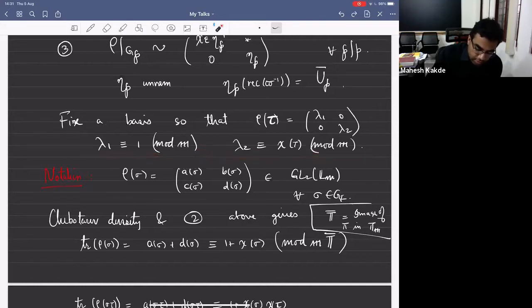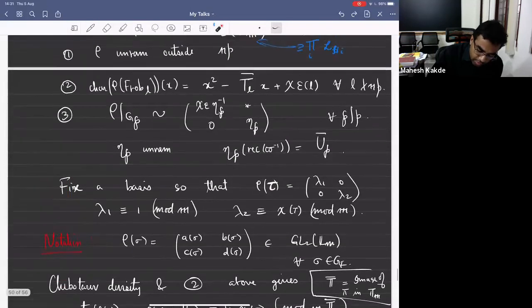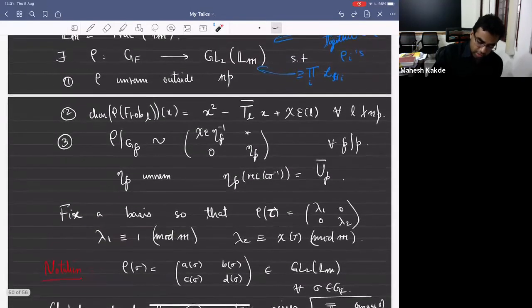Lambda 1 is congruent to 1 mod m, and lambda 2 is congruent to chi of tau mod m. And how does this come about? Because I know what the characteristic polynomial is. So this epsilon is 1 modulo m. So that's why the epsilon doesn't appear.